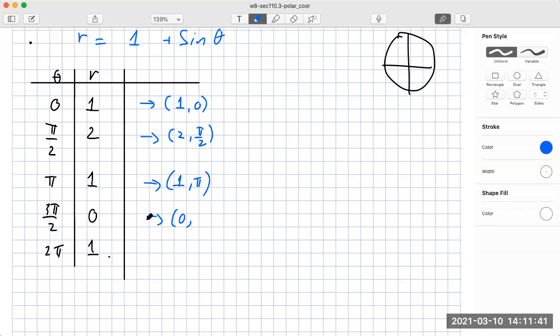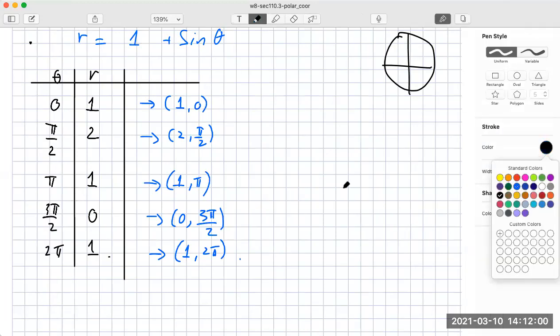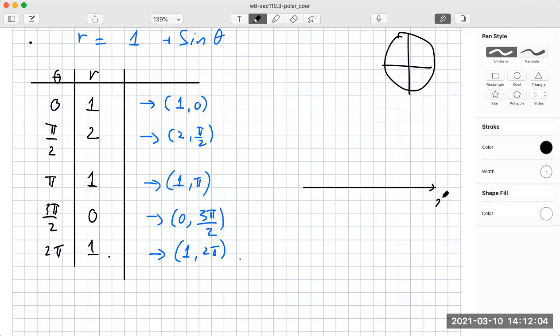This is 0. 3 pi over 2. And here is 1, 2 pi, right? Let us plot it in polar coordinates. In polar coordinates, here is the origin O, and r is 1.